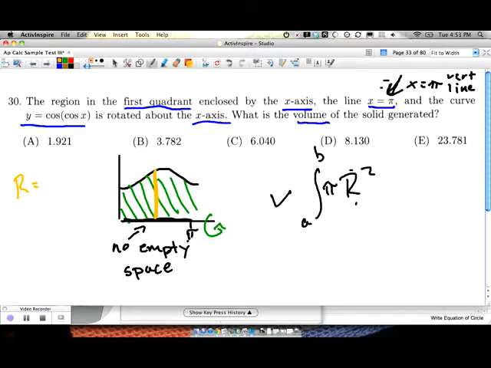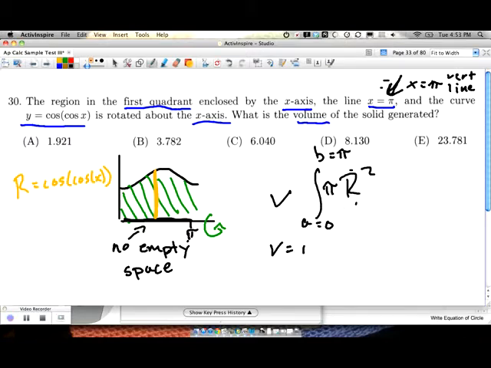So what does it equal? Well, R is going to be the distance from that function to the bottom, so it's going to be cosine of x. And the integral is going to be from a to b. Let's go ahead and set those up. A equals 0. We start at 0. B equals pi. We go all the way up to pi.